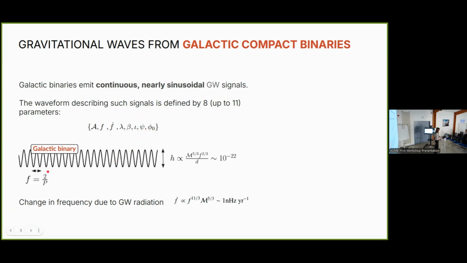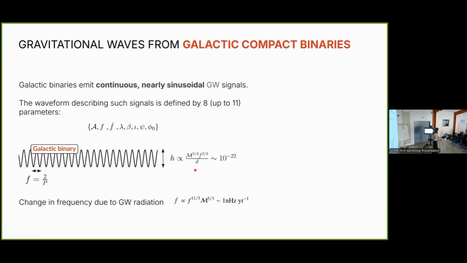And you know well that the frequency of gravitational waves for this source is twice the binary orbital frequency, and the amplitude scales with these 3 parameters, right? The chirp mass, frequency, and the distance.